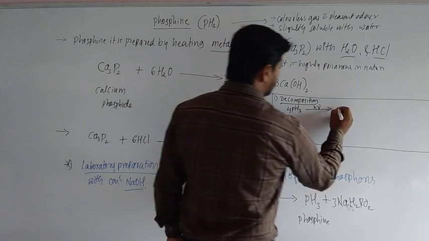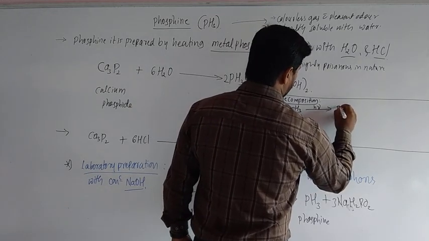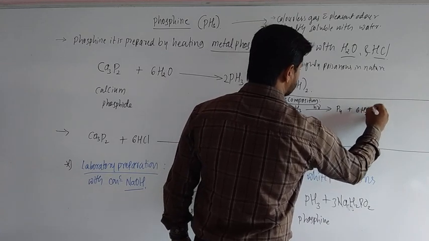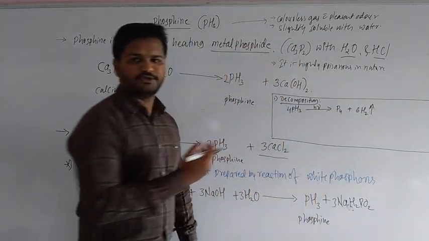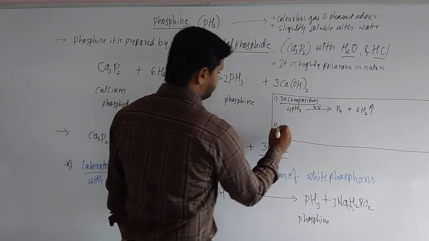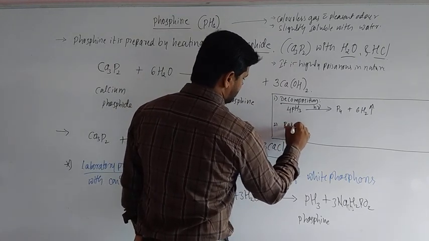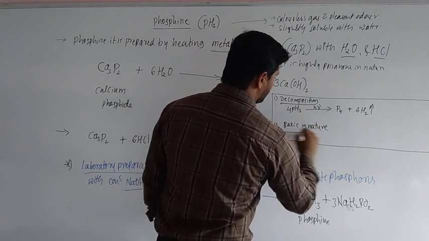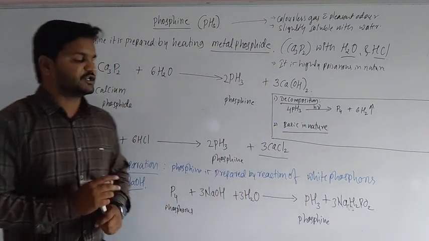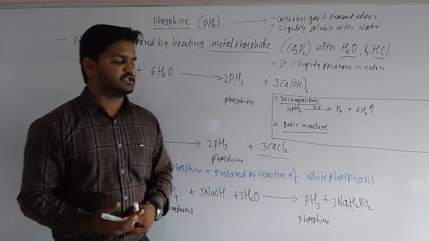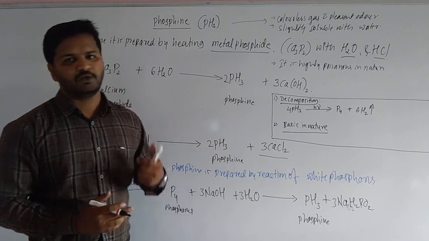It gives P4 molecule and 6H2, that is, it produces hydrogen gas. And next, phosphine is basic in nature. Actually, it is neutral towards litmus paper, however, it is also called a weaker base than ammonia.